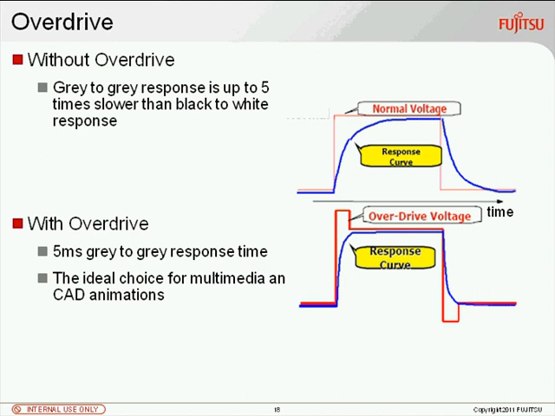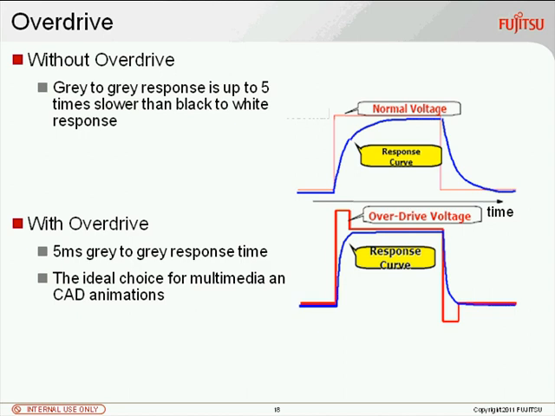What does overdrive do? Overdrive makes an additional voltage peak at the beginning, which makes the LCD module switch fastest, and when they have reached the target, they switch again to the target voltage, and the same when switching back again.